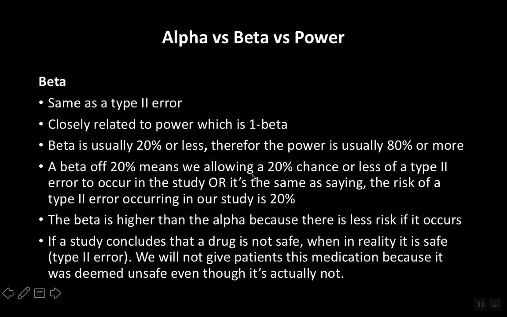Because as your power increases, the chances of a type 2 error decrease. So the chances of you saying no, my hypothesis is not true, when in reality it is true, is decreased. You decrease that, and with that you increase the chance of actually finding the true difference, the truth from the comparison in the study.